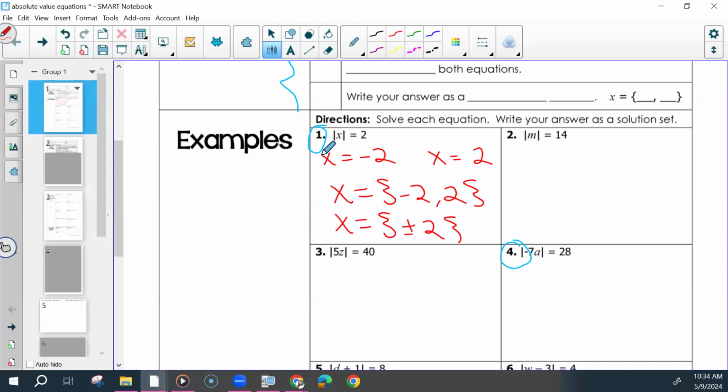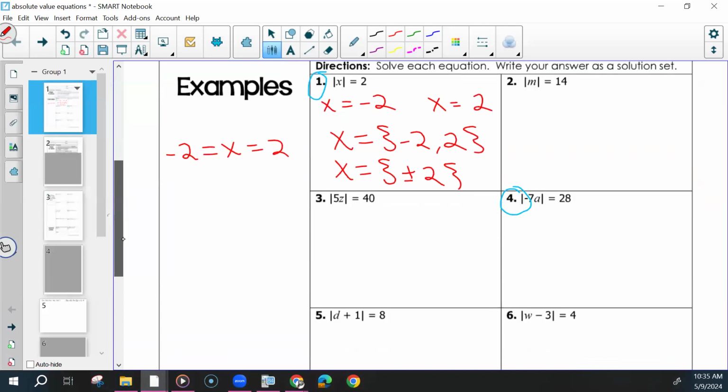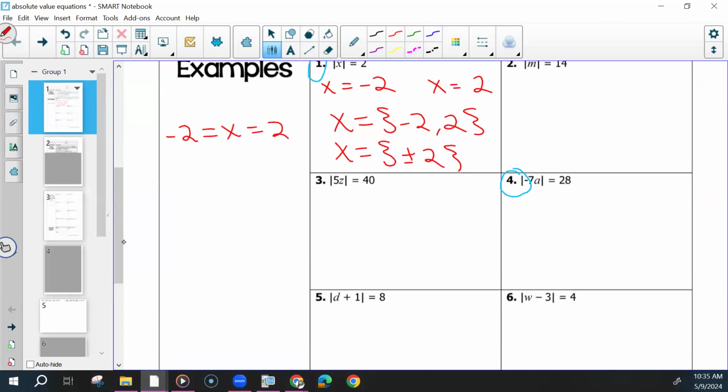Questions there? If you want to also set it up like this, you can do that, and then solve like that. So whichever is easiest for you. So then we'll do one like number 4. It is isolated. I'm going to set it up like this, but you could do either or. Set it equal to a negative 28 and a positive 28.